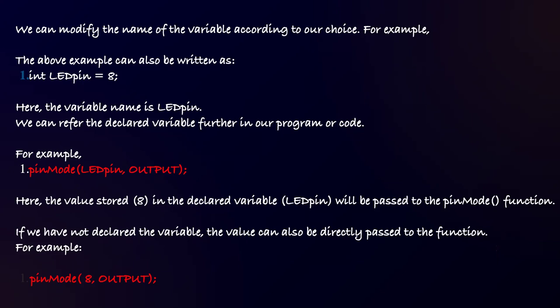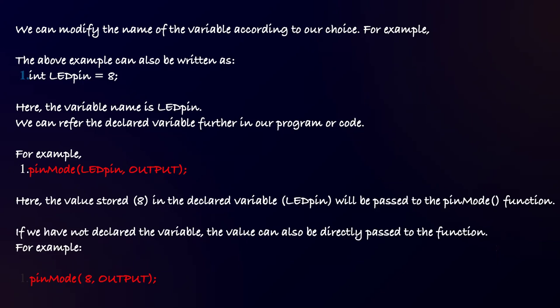Now, if we have not declared the variable, the value can also be passed directly to the function. For example, pin mode 8 output. Try to understand very carefully. Imagine that you have not declared the line int LED pin equal to 8, but you want to pass the value directly.